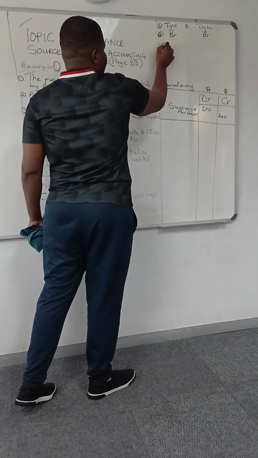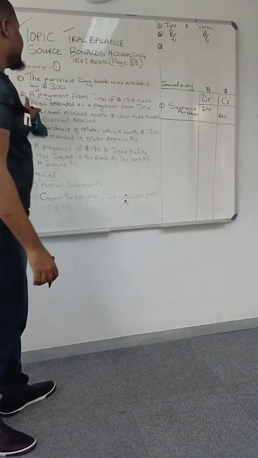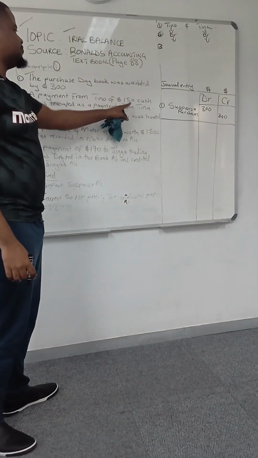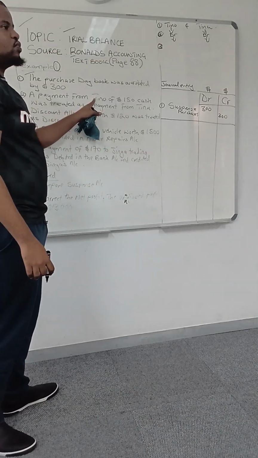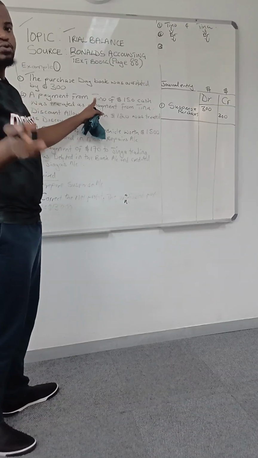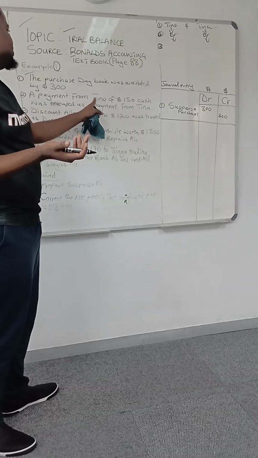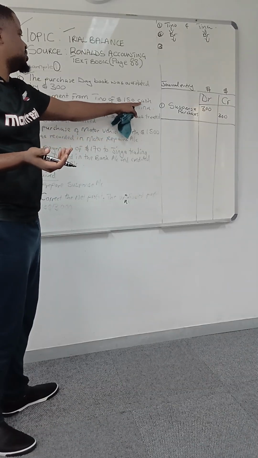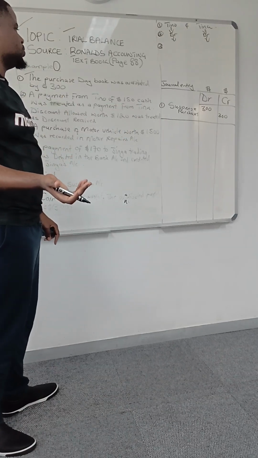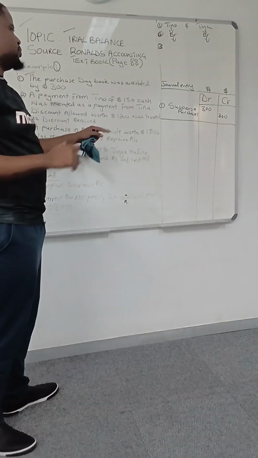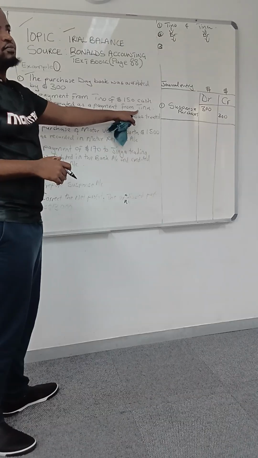Then step number 3, we want to see what happened. Did we understate? Did we overstate? A payment from Tino of $150 cash was treated as a payment from Tina. So Tino is the one who paid us. We're supposed to debit cash and credit Tino, but we did not do that. Rather, we debited cash and credited Tina.